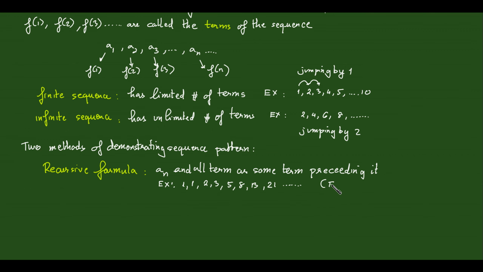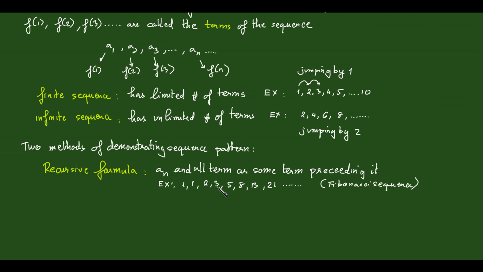I'm going to spell his name: Fibonacci sequence. And I want to generate the recursive formula to demonstrate the sequence pattern of this Fibonacci sequence. So what do you see? You see over here that the third term is nothing but the sum of the first two terms, right?